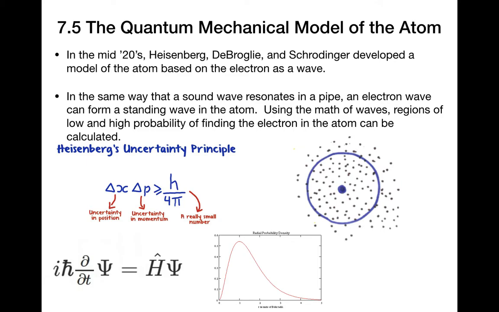And with this mathematical model, you can figure out what distances from the nucleus are going to have the highest density of electron cloud, or the highest probability of finding the electron at a particular location. So we see that you can make graphs of the radial probability density and other kinds of mathematical functions to describe the position of the electron as a cloud.